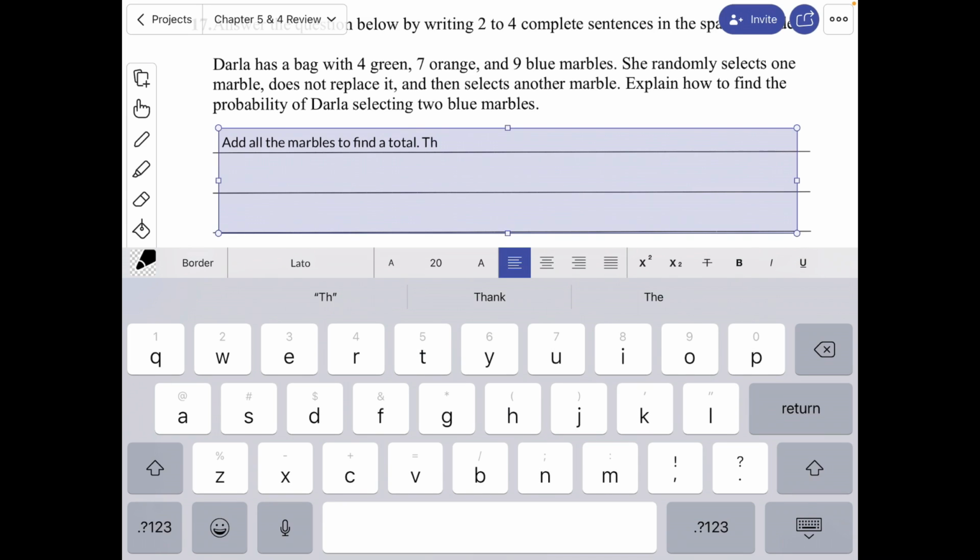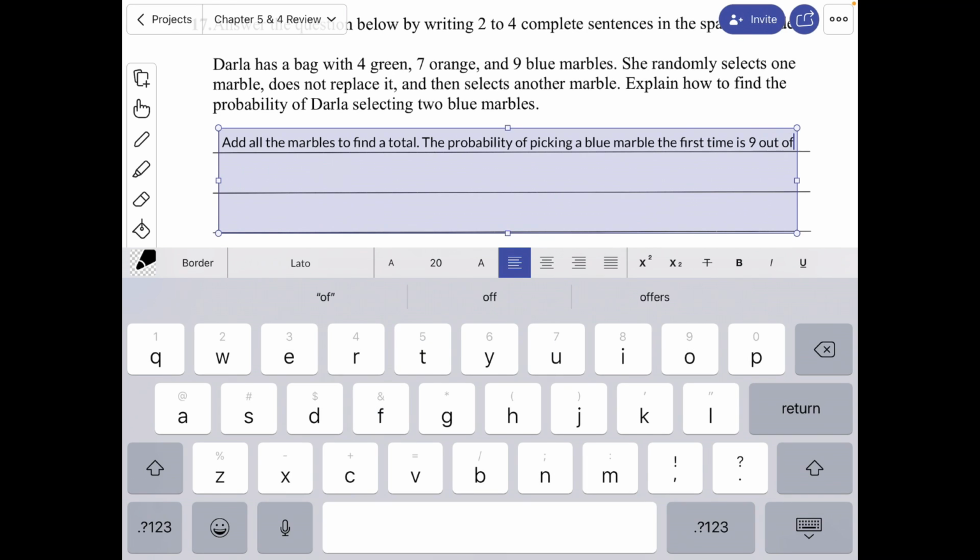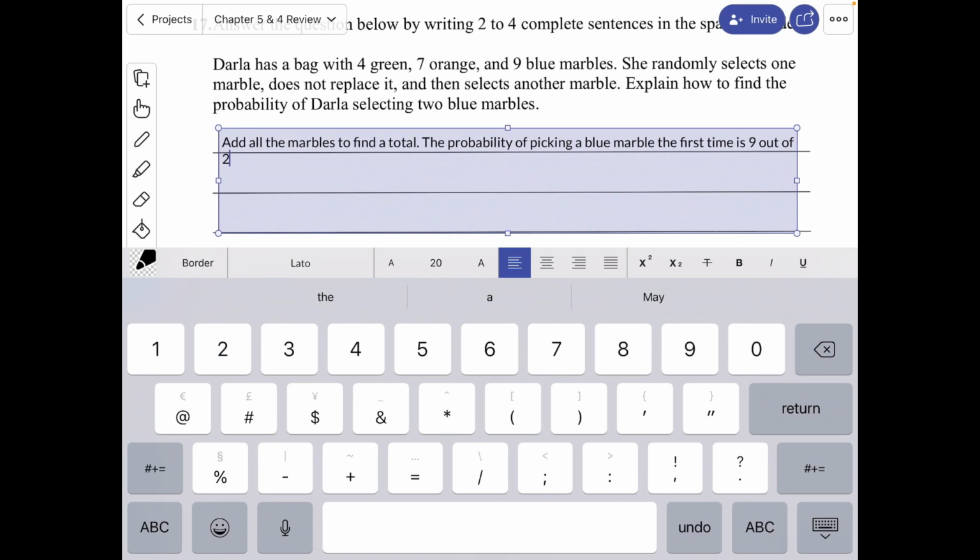So the probability of picking a blue marble the first time, because it's going to be different the second time, the first time is 9 out of, and can we add those up real quick? 4 plus 7 plus 9. That makes 20. So the probability of picking a blue marble the first time is 9 out of 20, or 9/20.